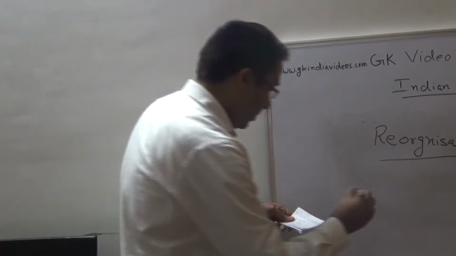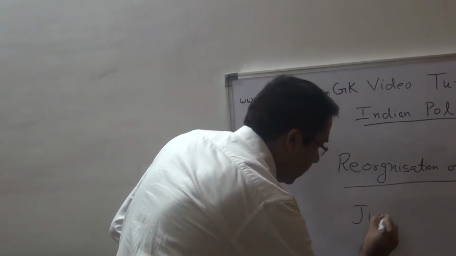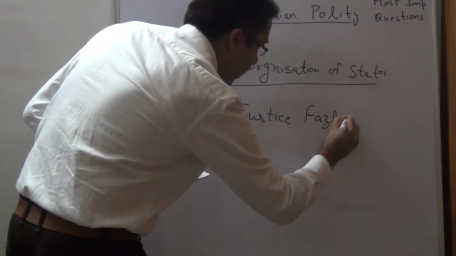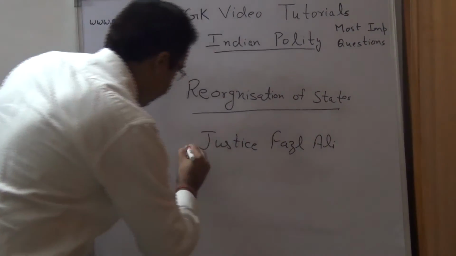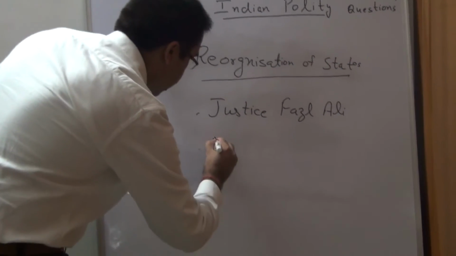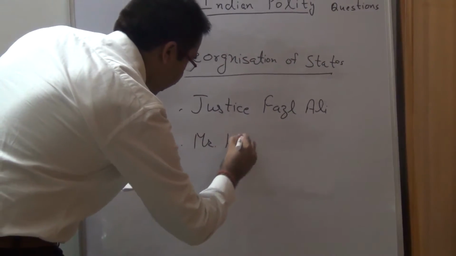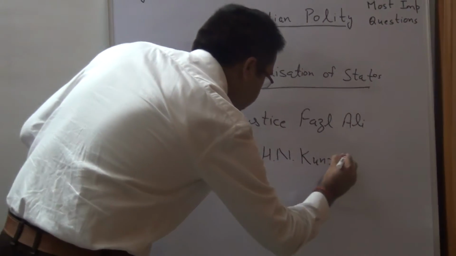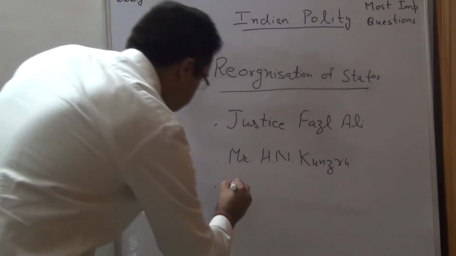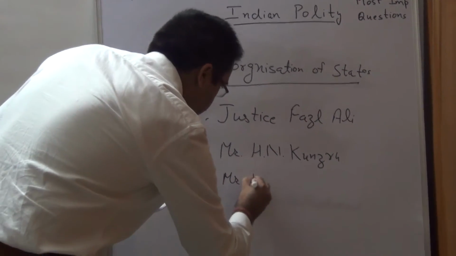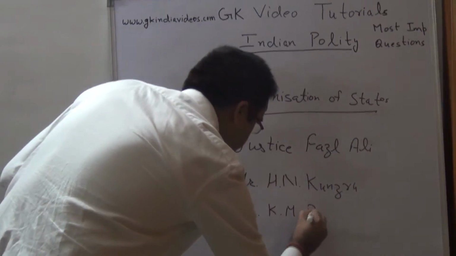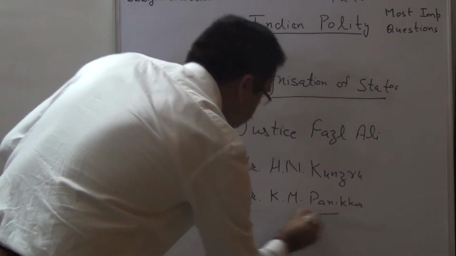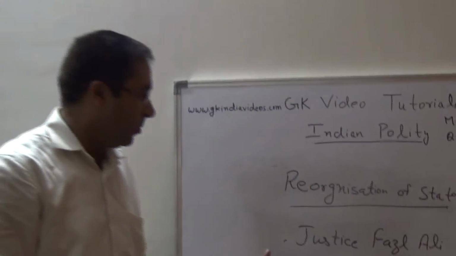There were 3 members: Justice Fazal Ali, Mr. H.N. Kunzru, and Mr. K.M. Panikkar. So the Fazal Ali Committee was made.